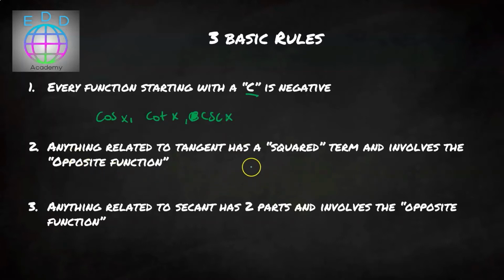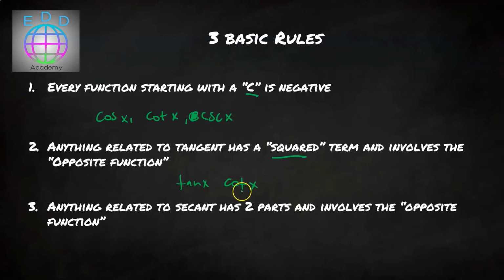Number 2, anything relating to tangent has a squared term and involves the opposite function. So anything relating to tangent, that's just tangent x and cotangent x. Each of these will have a squared term and involve the opposite function, where the opposite function for tangent is secant and the opposite function for cotangent is cosecant.